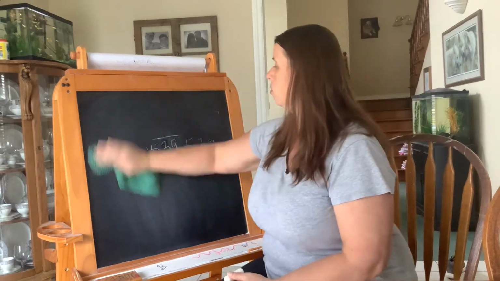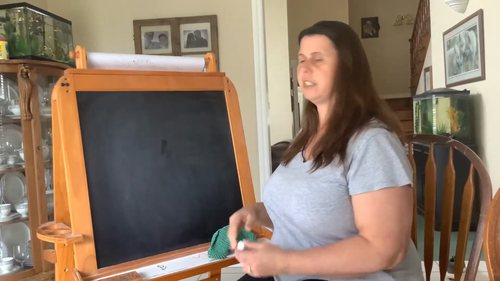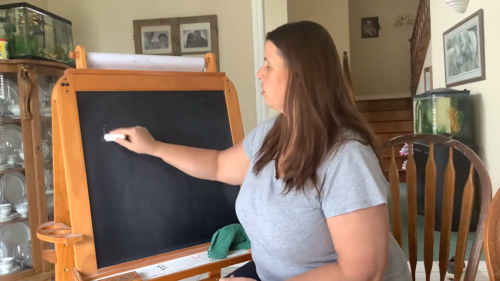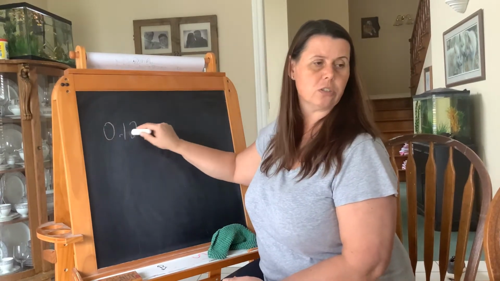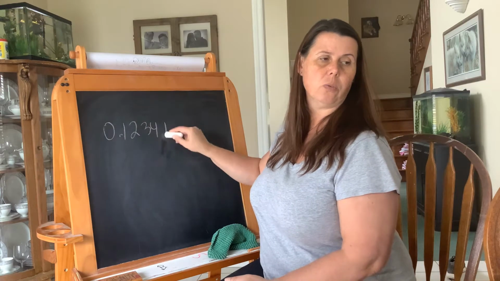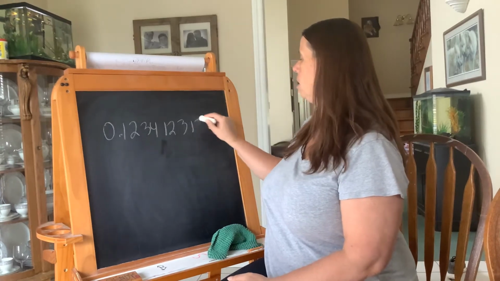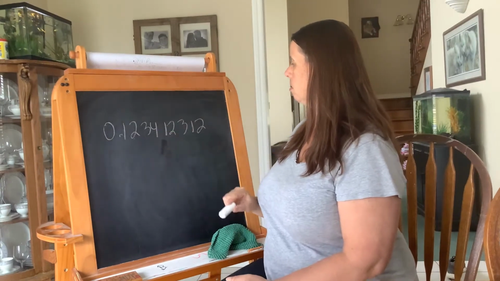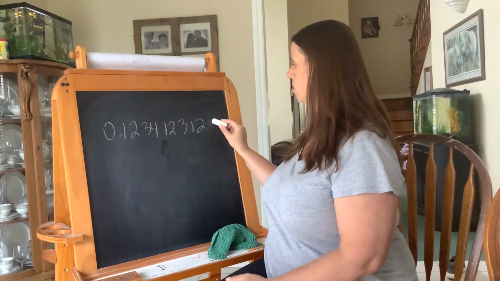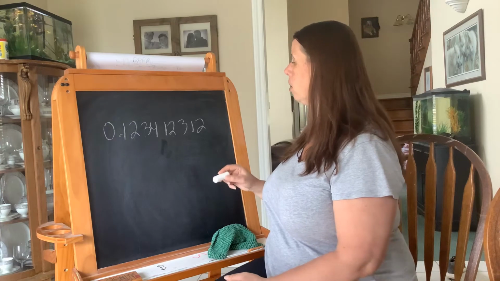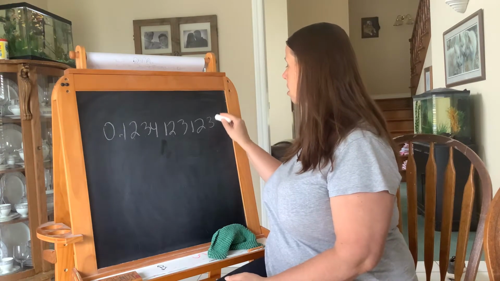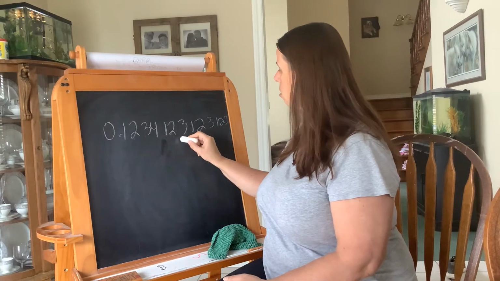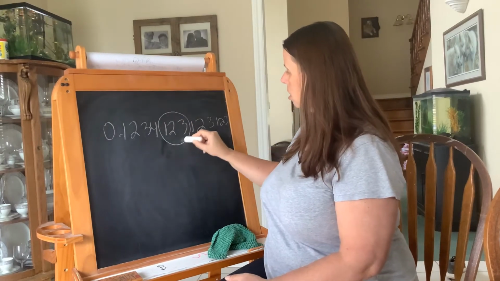Okay, second one. Again, super easy. You're going to like today's math. It's easy. Circle the repeating digits. So the first one is 0.1 2 3 4 1 2 3 1 2. Okay, so I've got 1 2 3 4. 1 2 3 1 2. So I think we can assume the part that's going to repeat is the 1 2 3, which means I need to circle 1 2 3 right there.